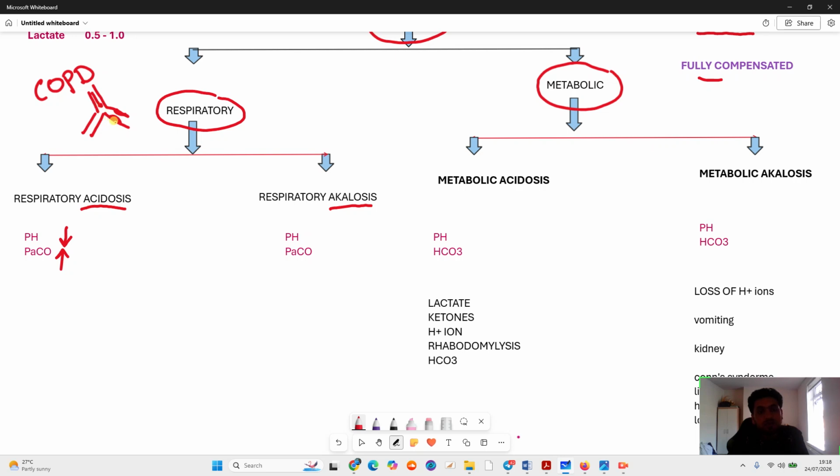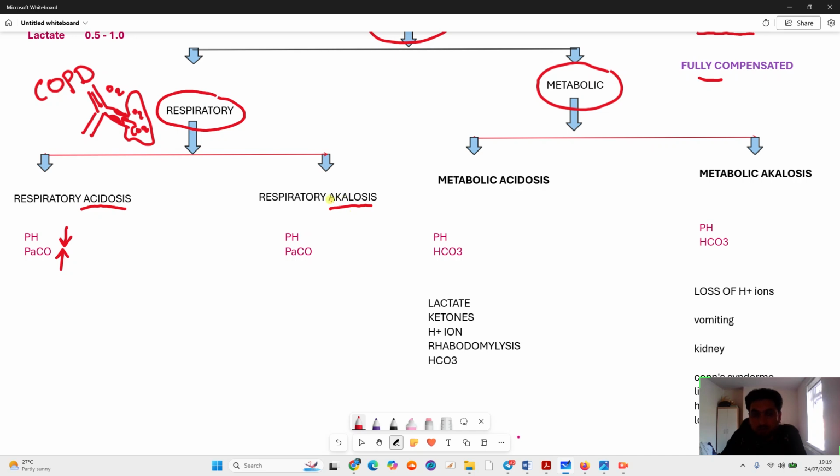So when the patient inspires, less oxygen goes to the lungs, and when the patient expires, less carbon dioxide goes out. Due to that, carbon dioxide accumulates in our body and is raised, and due to that respiratory acidosis happens.